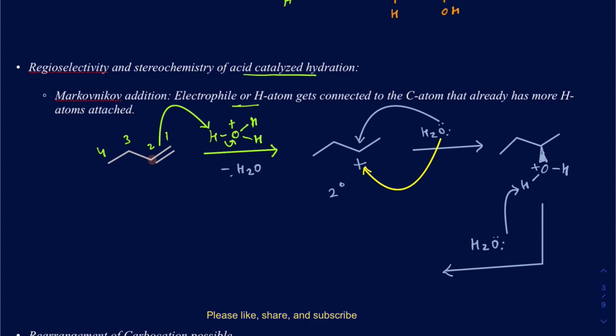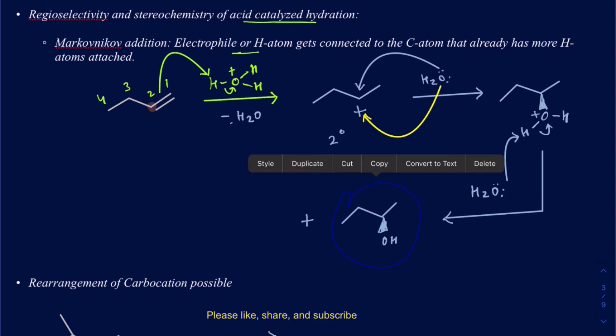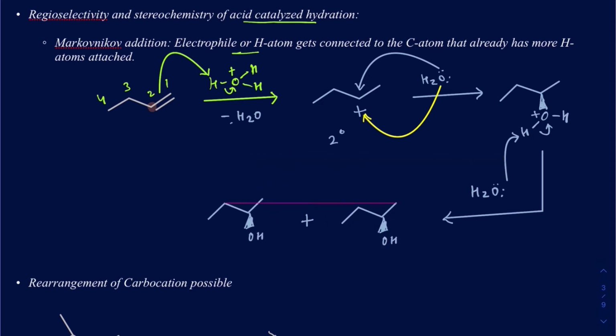So it grabs that proton and restores the electron density back onto that oxygen. So your product would have the alcohol made here, and it's going to be coming out of the page. And remember, if I had done the bottom attack, which would have the water coming from behind the page, then you would have this OH at the end of the day going back into the page, like this one right here.